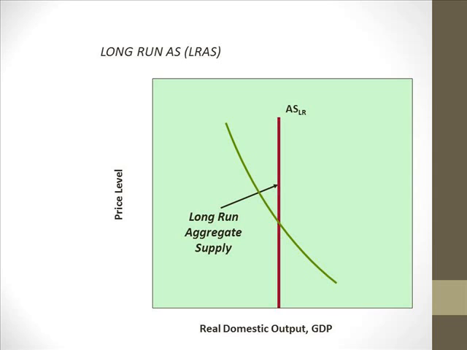It is by definition, get this down, when nominal wages have caught up with price level changes. Nominal wages have caught up with price level changes. So as price levels go up, we would think that it would decrease the amount of GDP created. However, if people's nominal wages increased at the same rate, or their money was buying the same amount of goods, then there is no change in GDP.